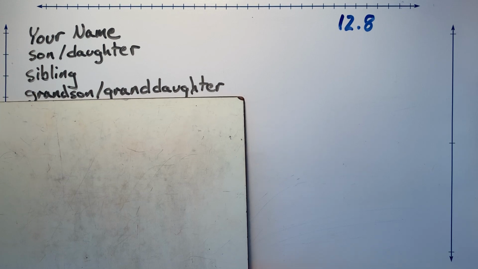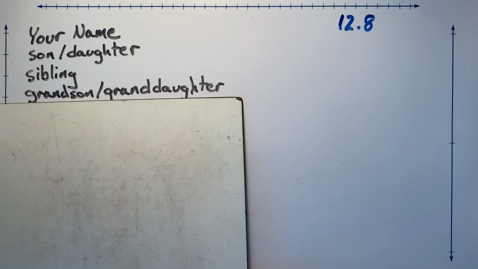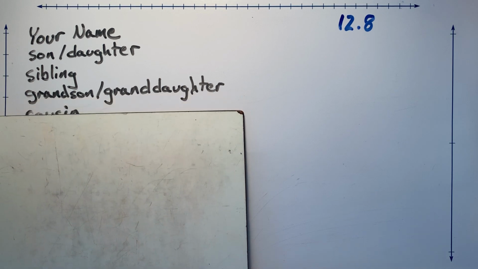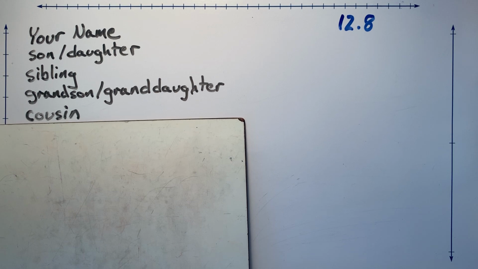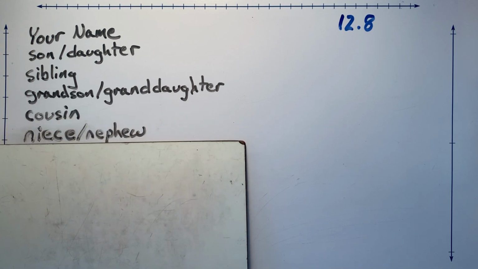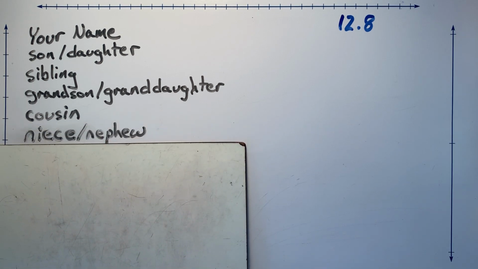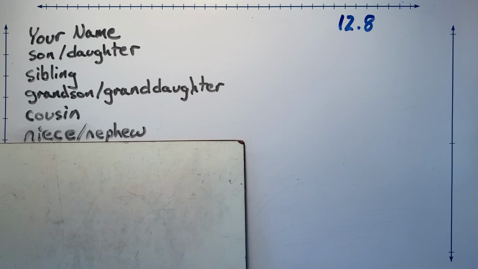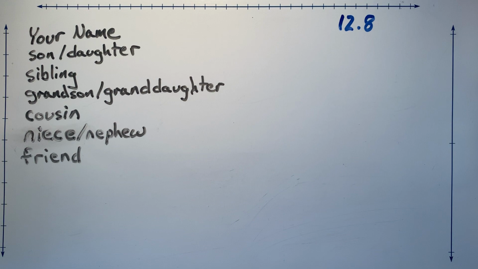Now you are who you are by name, but you're also a son or a daughter, you're a sibling, you're a grandson or a granddaughter. And if we keep going, I bet you're a cousin too. So here you are, all of these things, all the way down to cousin. And if you're a cousin, that makes you a niece or a nephew. And if you're a niece or a nephew, I'm guessing even around town, you're probably even listed as a friend.